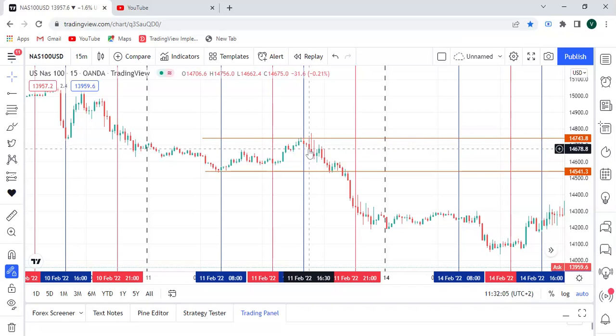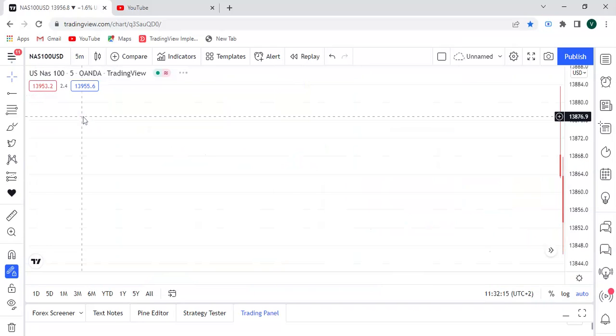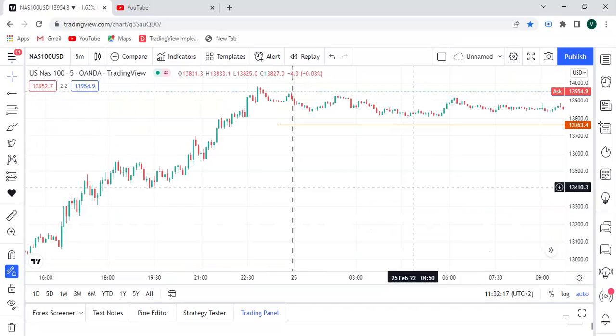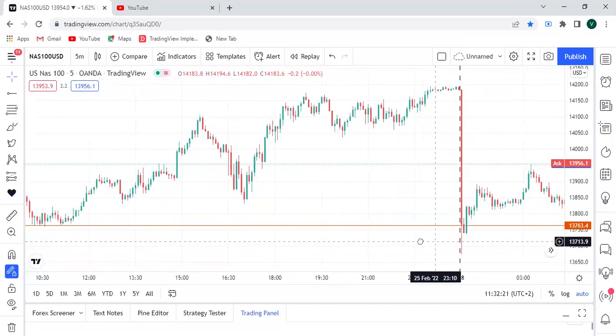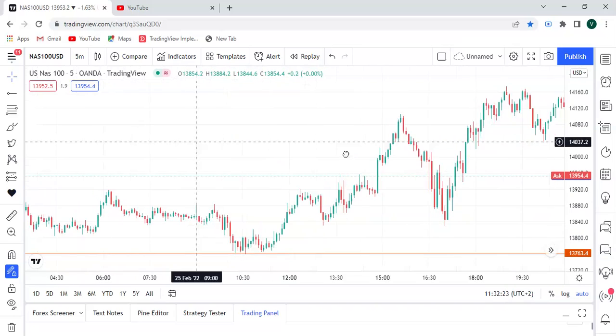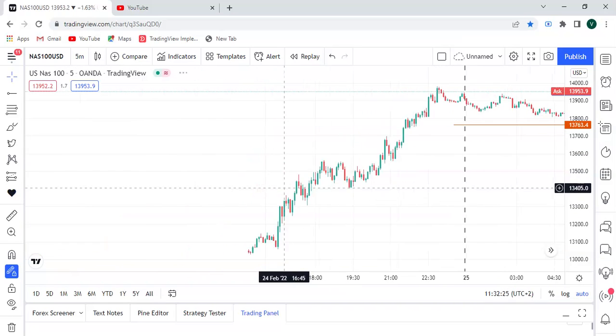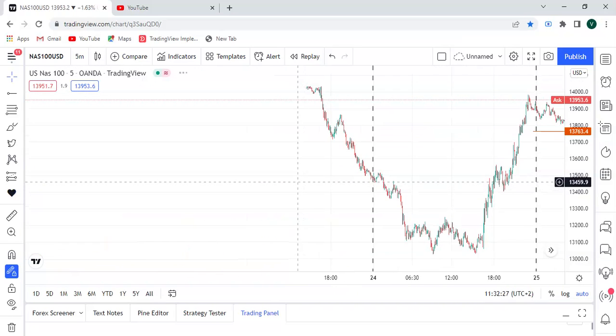If you get the first rejection here, we got the first rejection at the end of the London session. It's not really an M, but if we go to the 5 minute chart, I think you can see something a little bit clearer. Let me just scroll back.